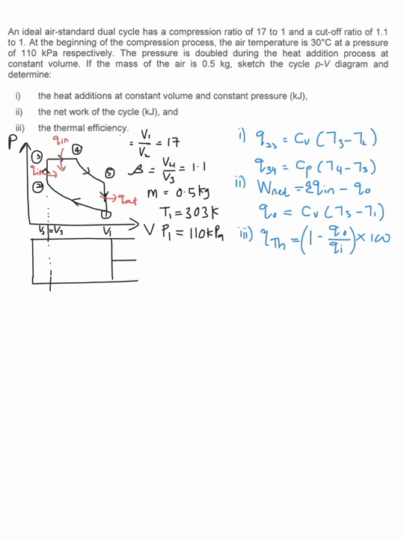Now we have done this isentropic compression from 1 to 2. Let's move to the next process, which is constant volume heat addition at 2 to 3.